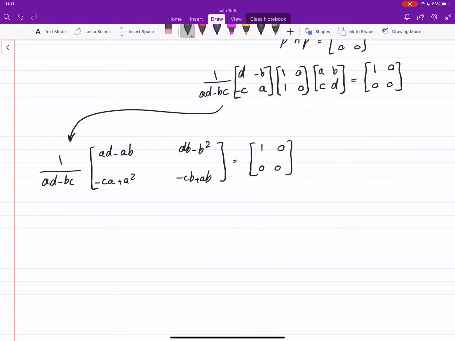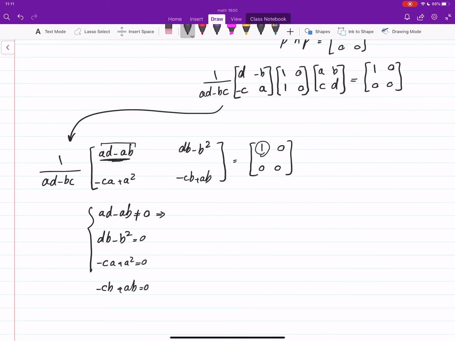This must be equal to 1, 0, 0, 0. So two matrices are equal. That means that this entry here, which is ad minus ab over ad minus bc, must be equal to 1. Even easier to say is that ad minus ab must not be equal to 0. And the other entries, db minus b squared must be 0, minus ca plus a squared must be 0, and minus cb plus ab must be equal to 0.